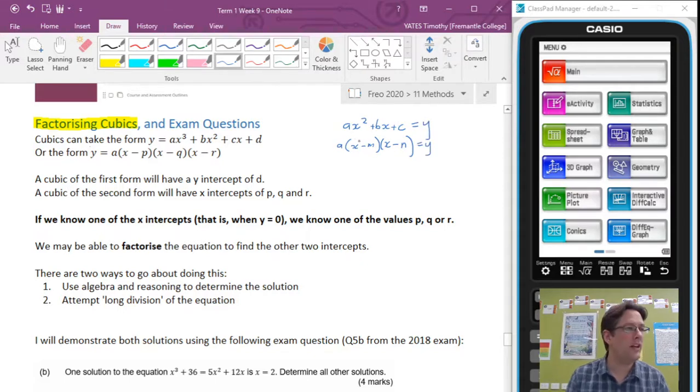What this would tell us when we factorize it is where the x-intercepts are. So the x-intercepts would be at m and n.